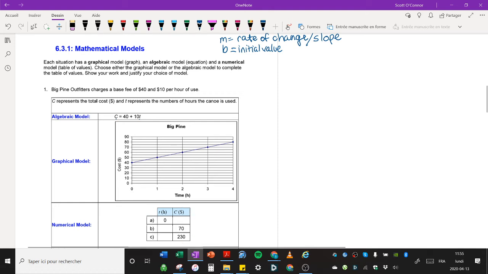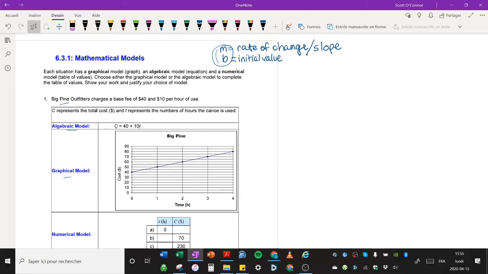Now I want to point out one thing first, which is that in all of the 3 representations here, the word model, the algebraic model, and the graphical model, we can see these 2 elements over and over expressed in different ways. These 2 elements are 1, the rate of change, also known as the slope, or 2, the initial value, also known as the y-intercept.